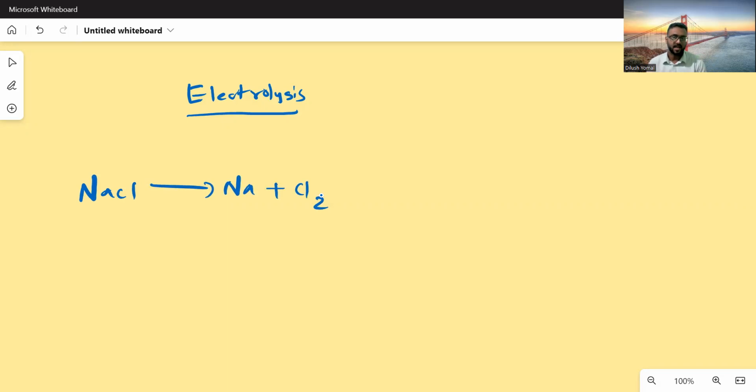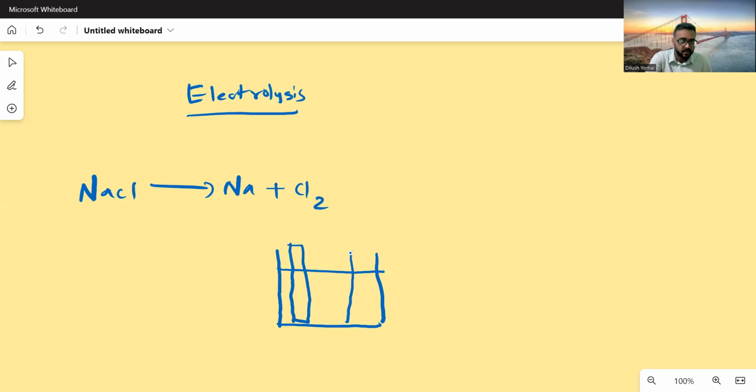When I'm doing electrolysis, I have a very specific apparatus, which we call an electrolytic cell. I'm going to draw that apparatus down here. I have a simple beaker, and into this beaker I'm going to immerse two rods. The rods we use in O-level are made of carbon, or graphite, one allotrope of carbon, or else you can use a metal such as platinum.